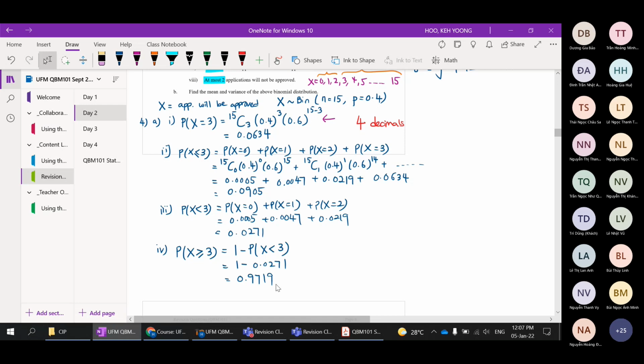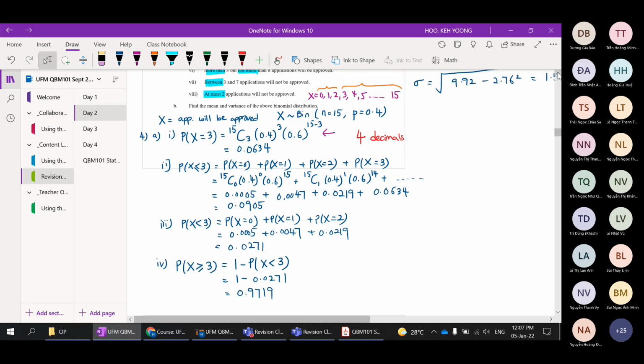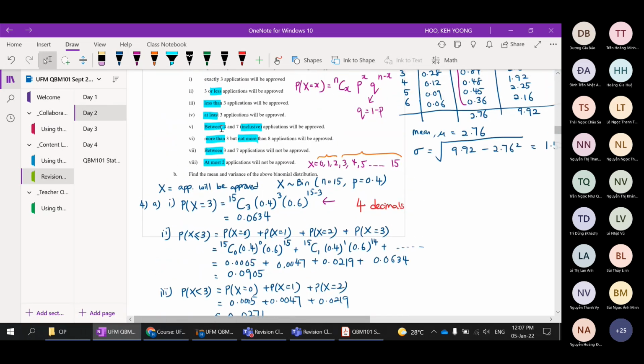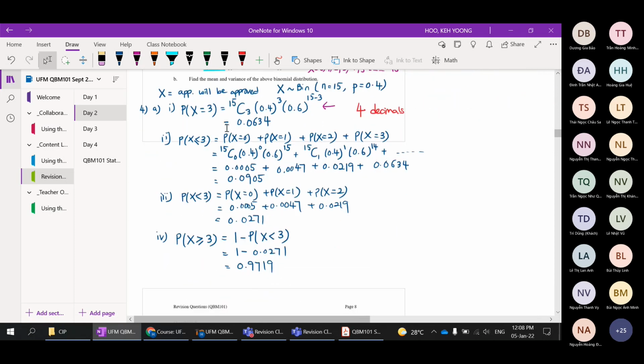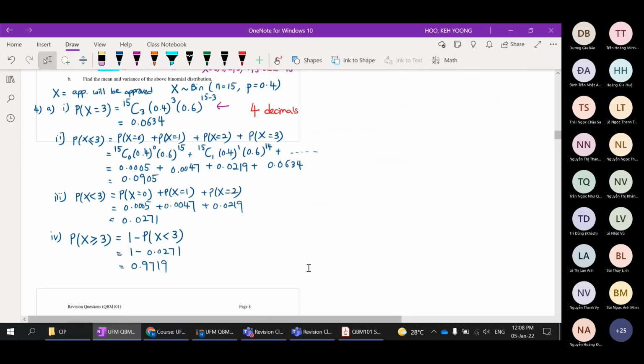Okay, question 5: between 4 and 7 inclusive. The word inclusive here means it includes 4 and 7 as well. Let me write this here.